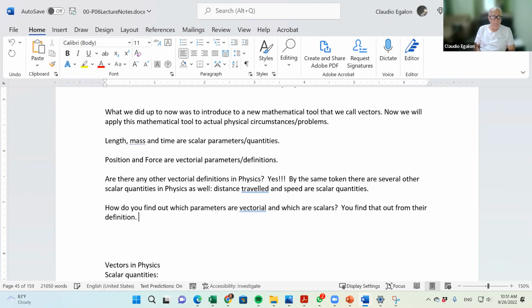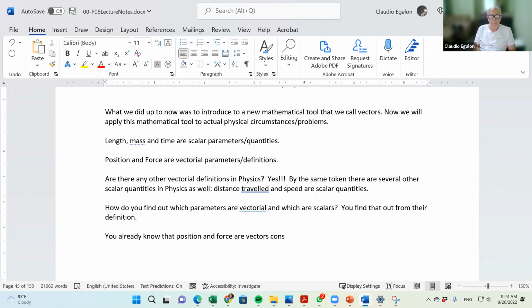You already know that position and force are vectors.